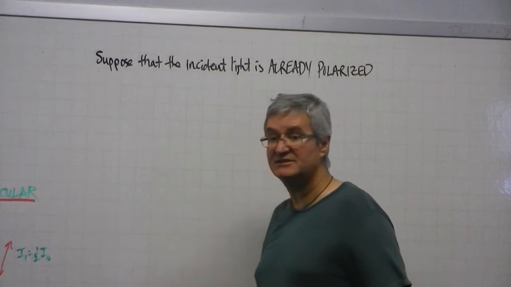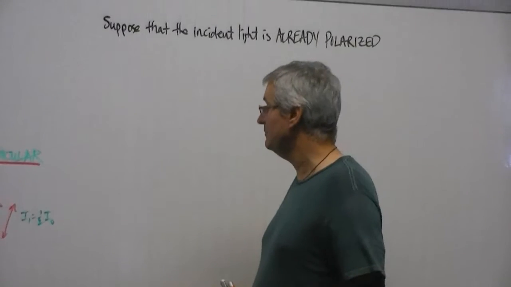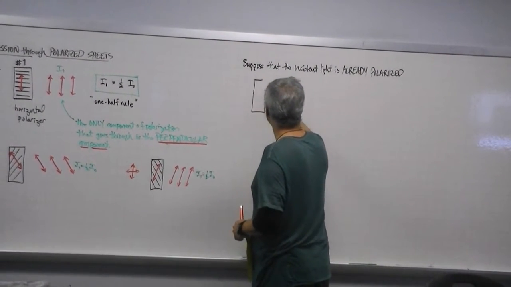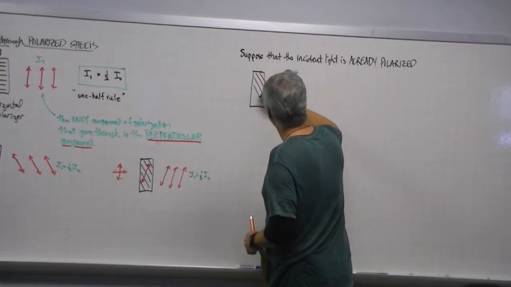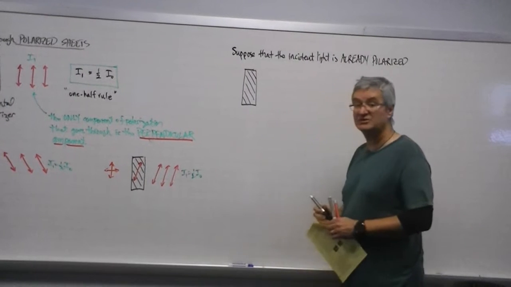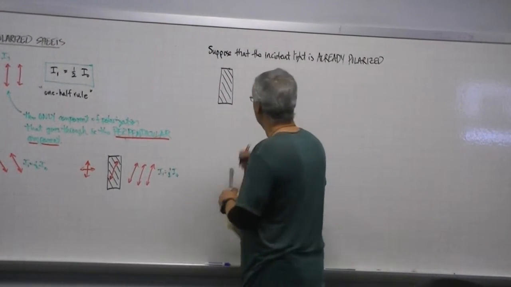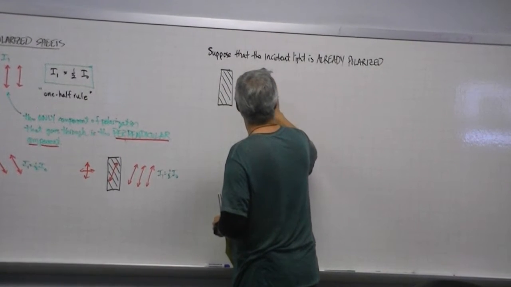Now the easiest scenario is this guy right here. So you could imagine that I have a polarizer like I just had right now that has a polarization like this. So then the wave that comes out of this thing is going to be perpendicular like this here.